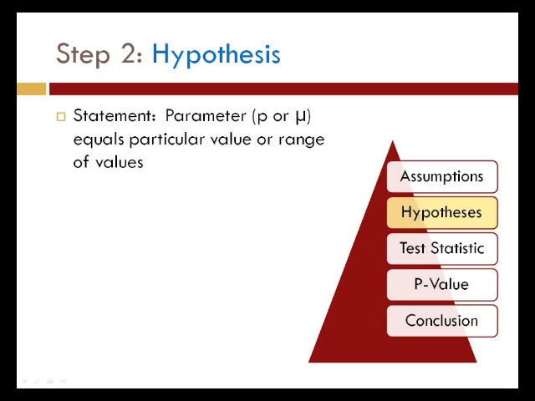You might say that the population mean is more than 37, or the population standard deviation is less than 2, or the population proportion is more than 1/2, or something along those lines. Some statement about a population parameter.